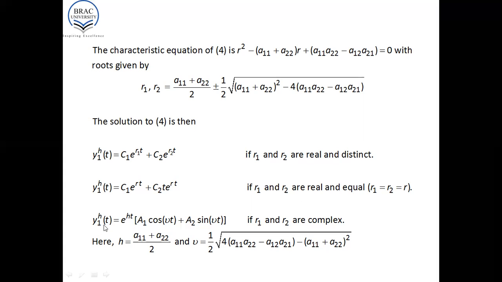And y1h is equal to e to the power ht times a1 cos nu t plus a2 sine nu t, if r1 and r2 are complex, where h is equal to a11 plus a22 over 2, and nu is equal to half of the square root of 4 times a11 a22 minus a12 a21 minus a11 plus a22 whole squared.